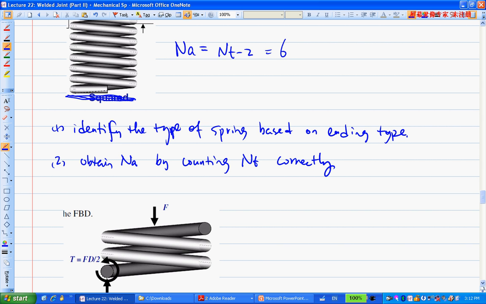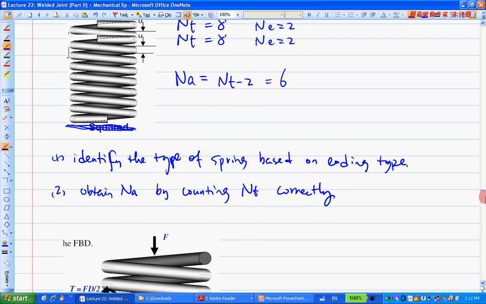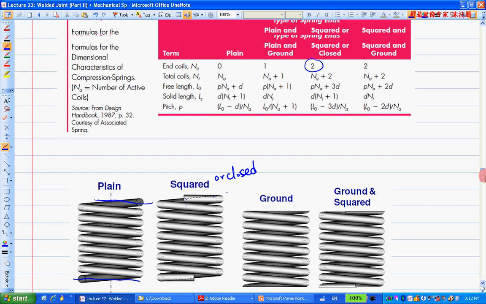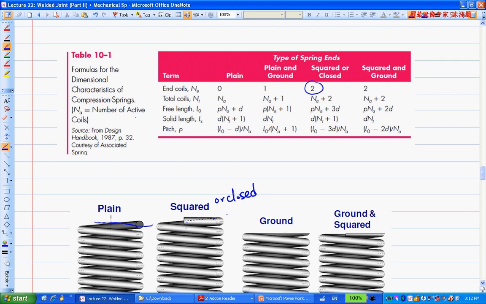Technically speaking, what we see here is all integer numbers of coils, right? So technically speaking, you could have a square or ground end starting from a quarter or a half turn. So there's a restriction here.